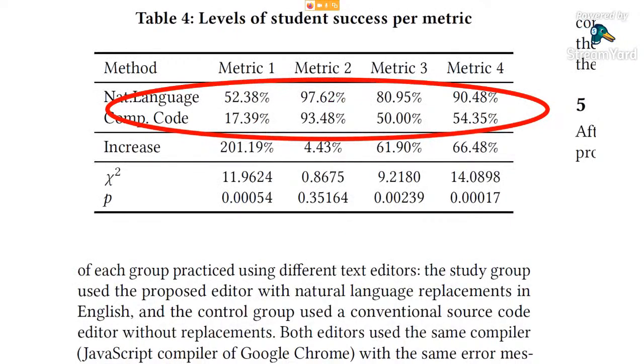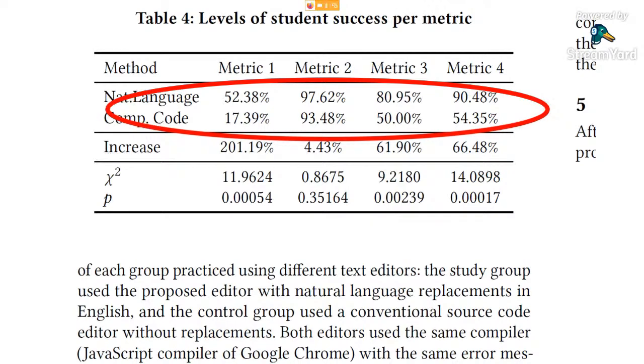Now, this method has been evaluated. I did several experiments in undergraduate students as well as K through 12 students, 5th grade students, and you can find the details of these studies in the papers that we provide in the GitHub.